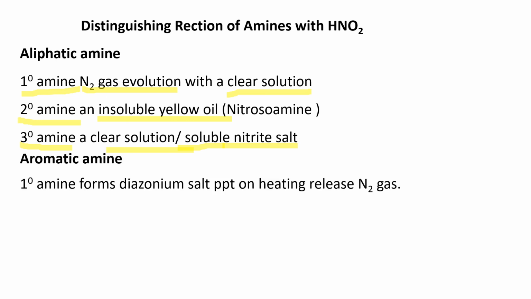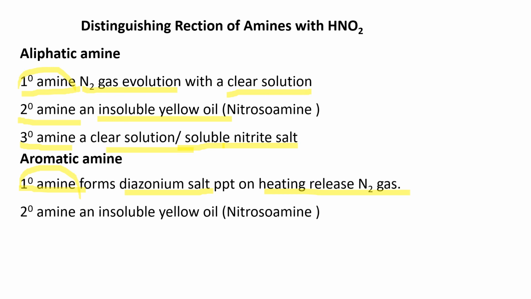Coming to the aromatic amines, the primary aromatic amine forms a diazonium salt, which is a precipitate that on further heating releases nitrogen gas. So this is how you can distinguish primary aliphatic amine from primary aromatic amine. Whereas primary aliphatic amine gives a rapid evolution of nitrogen, primary aromatic amine forms a salt which on further heating only releases the nitrogen gas, which confirms it is a primary aromatic amine.